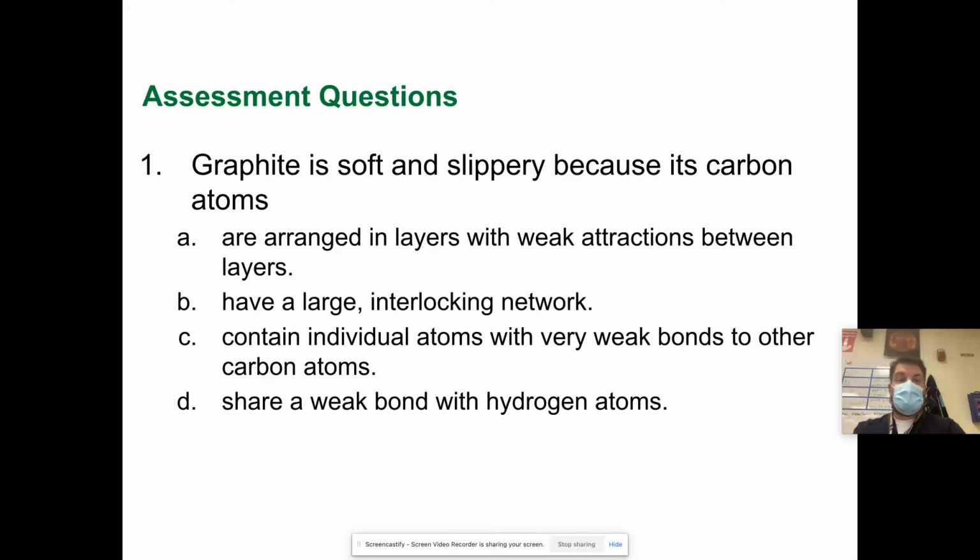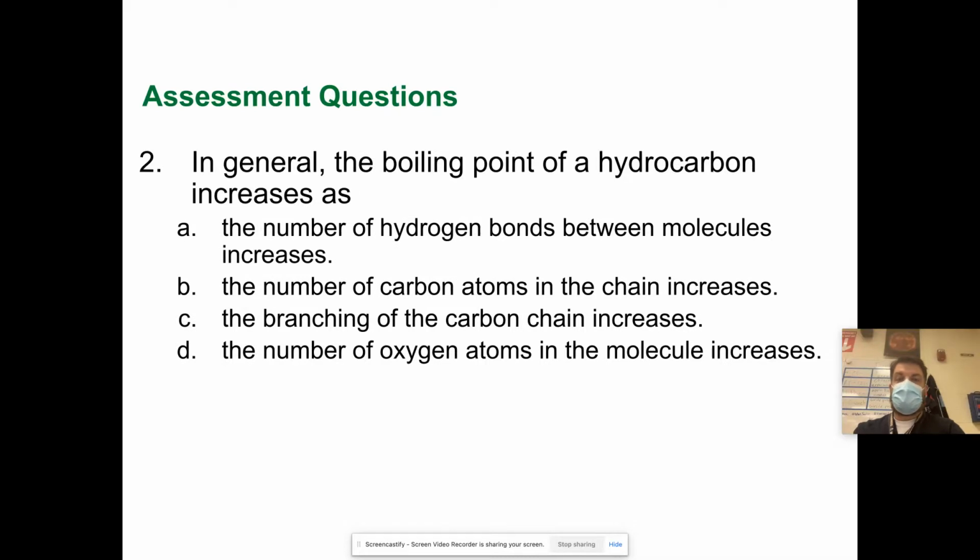So real quick, graphite is soft and slippery because its carbon atoms are arranged in layers. Okay? In general, the boiling point of a hydrocarbon increases as the number of carbon atoms in the chain increases.